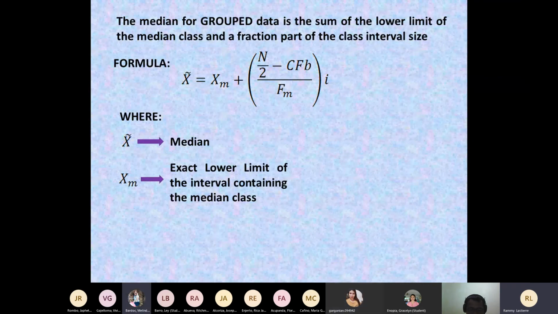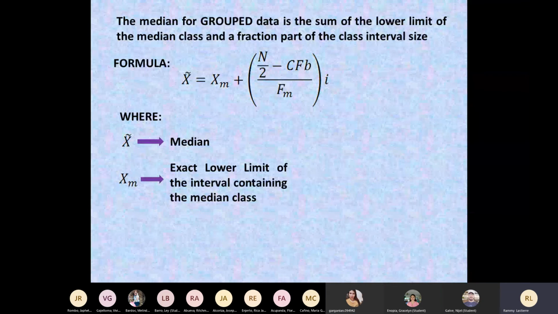And you should know how to find the boundary. Ang boundary, meaning to say, subtract 0.5 for the lower limit, then add 0.5 for the upper limit. That is the boundary.